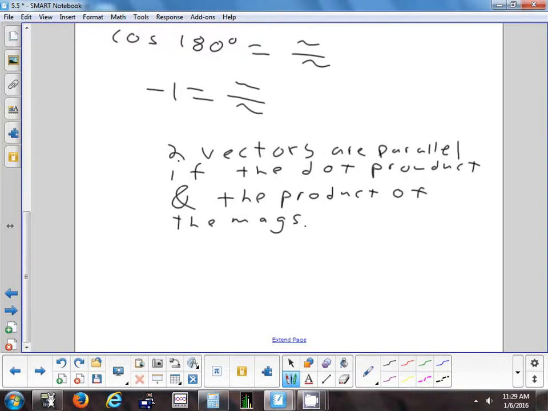If they're the same, you get 1, or they're opposites, you get negative 1. Same or opposites.